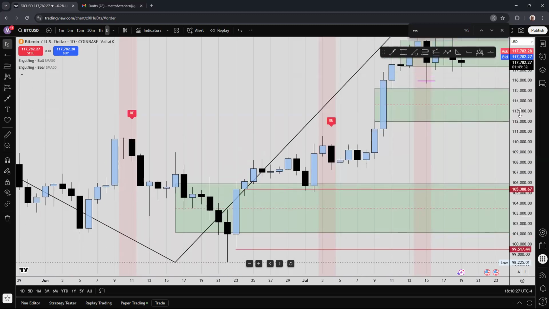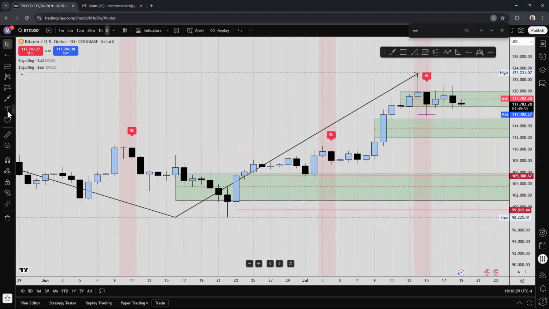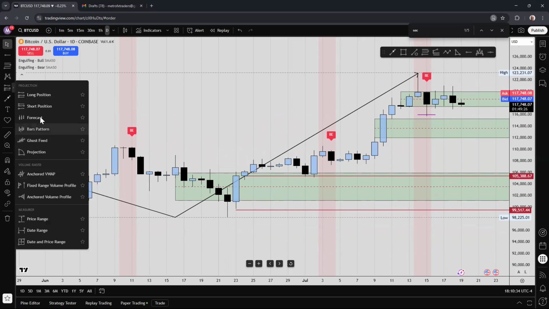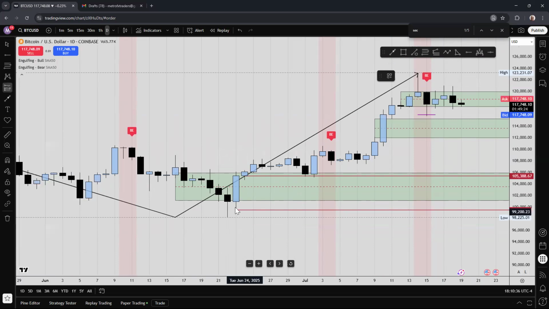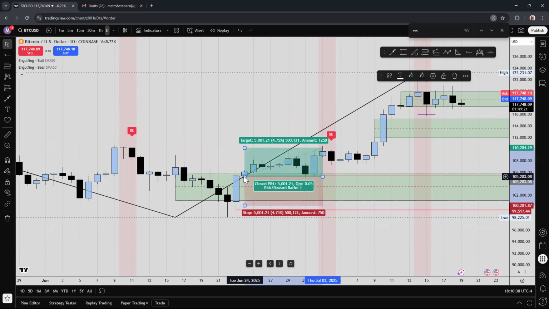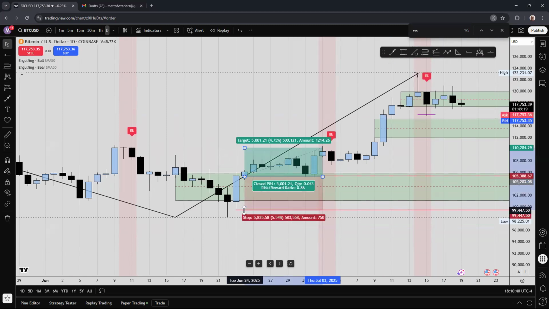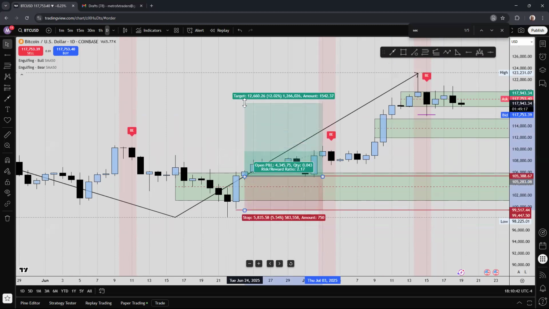and I try to look for a 1 to 3 ratio, sometimes a 1 to 2.5 ratio. This is a long position. So you entered here, place your stop loss down here, and you stretch this out for a 1 to 3 or a 1 to 2.5. But this one would be 1 to 2. Now we're stretching out a little bit more to about right on this particular line.